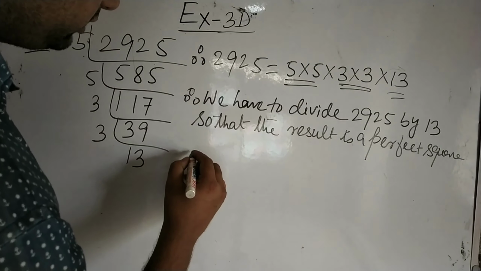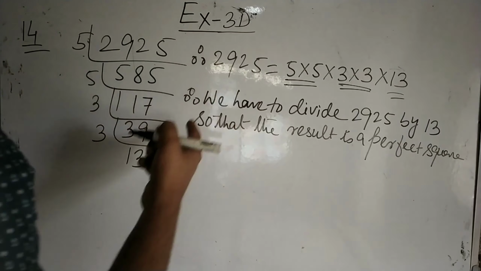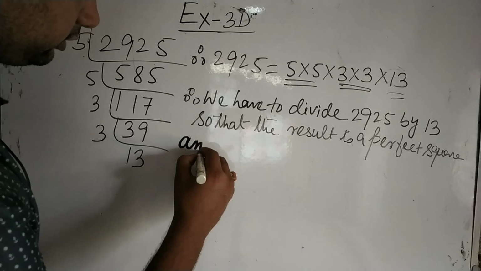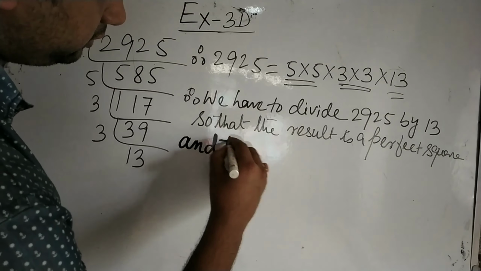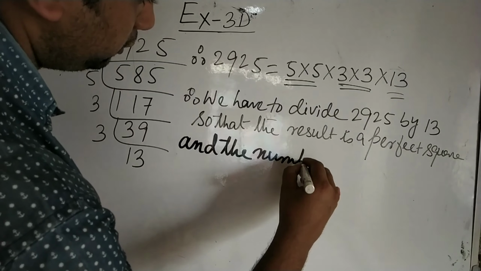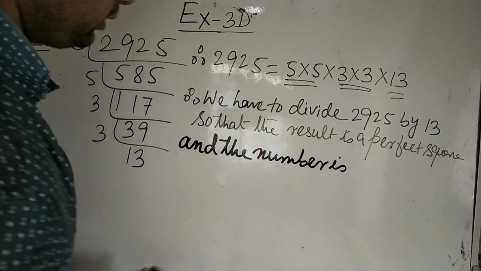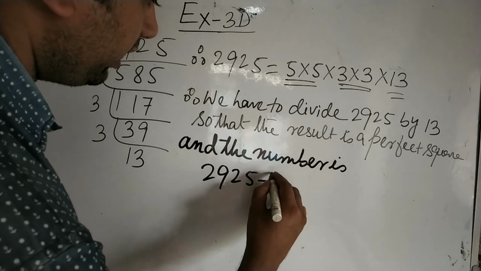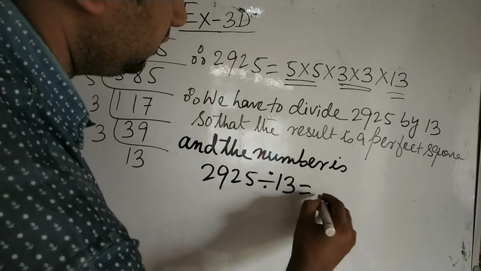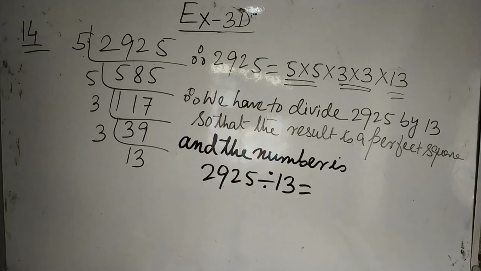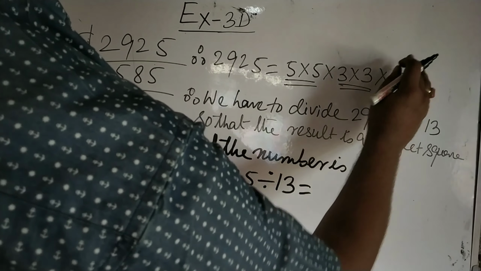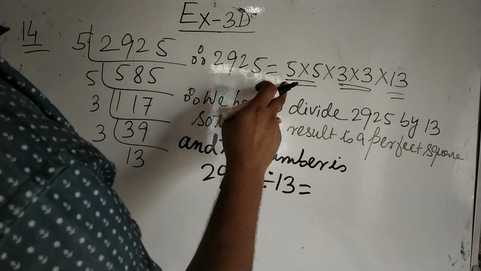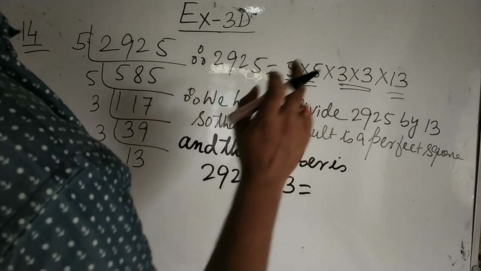So when we divide 2925 by 13, the number is, write down, and the number is 2925 divided by 13. Look, when you divide 2925 by 13, then we will have only 5, 5, 3, 3.